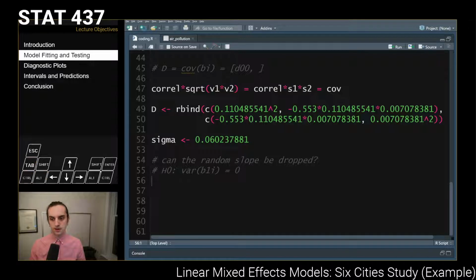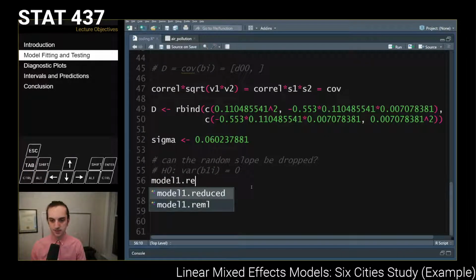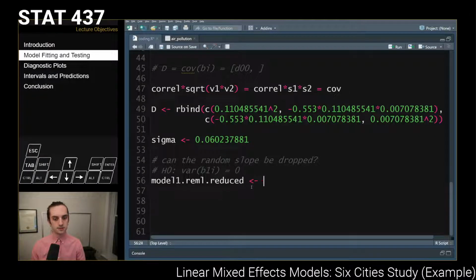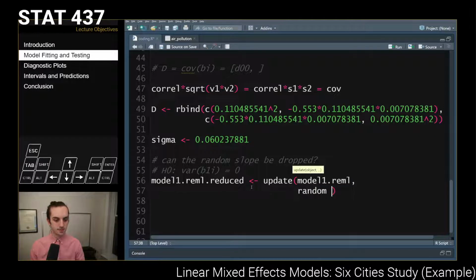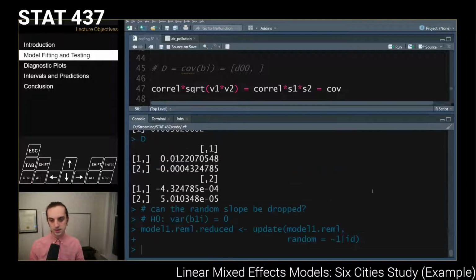The first thing we do here is fit our reduced model. We'll say model1.reml.reduced, and we're going to update model1.reml. Here we're updating the random term, and in this case we're going to drop our age term, so we're dropping the random slope and just nesting within ID. We can fit that model.